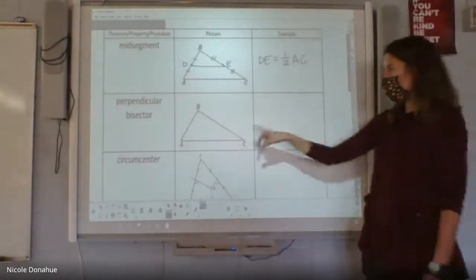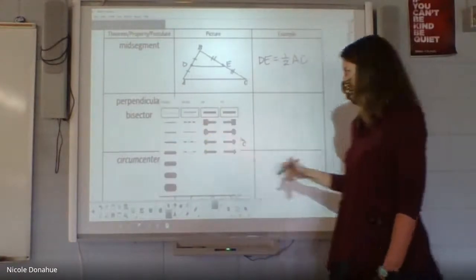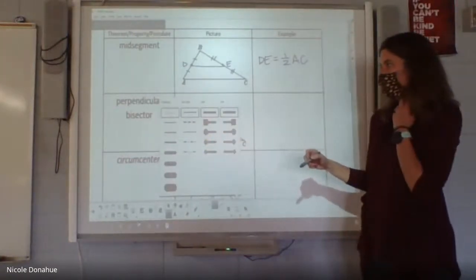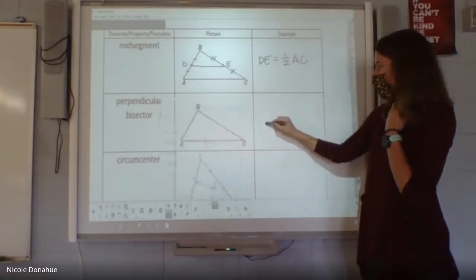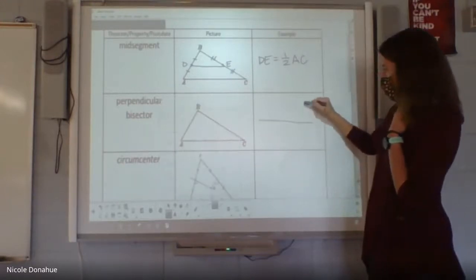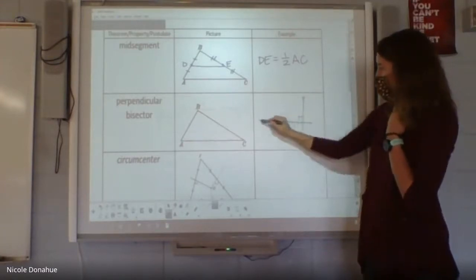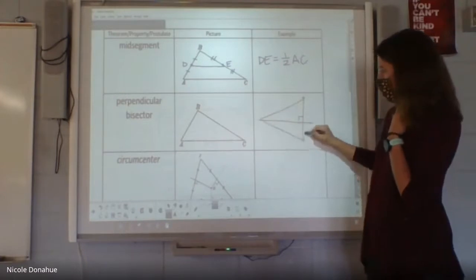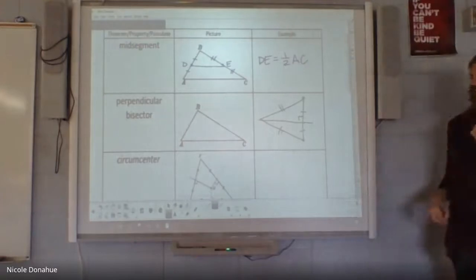Now the perpendicular bisector, I had second thoughts on my drawing here. I'm going to draw it a little bit differently. This is the one from yesterday. You guys recall that one.